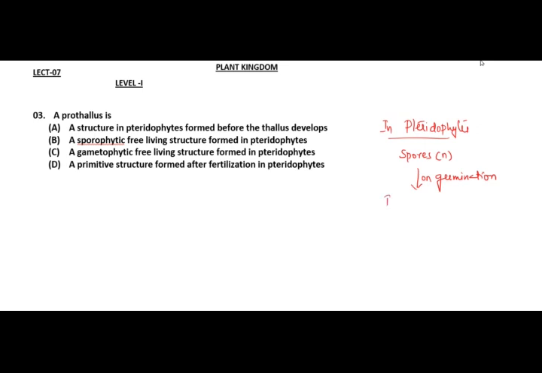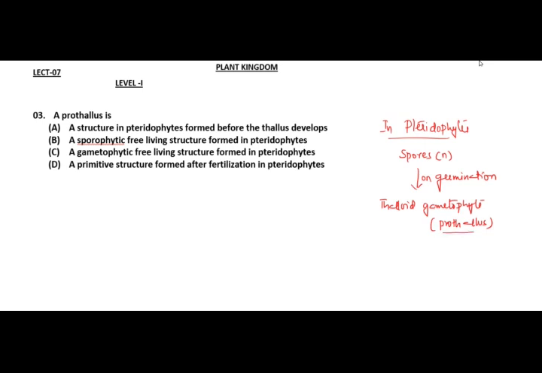So it gives rise to a thalloid gametophyte. This thalloid gametophyte is called the prothallus. It's very small, inconspicuous, not seen clearly, and it's multicellular.